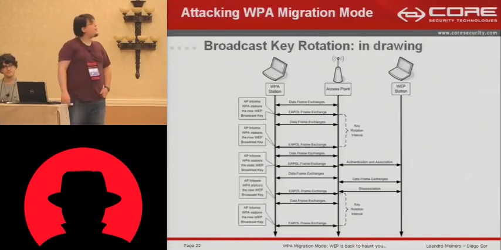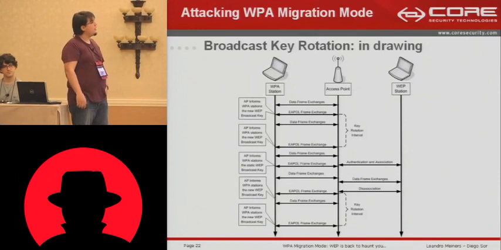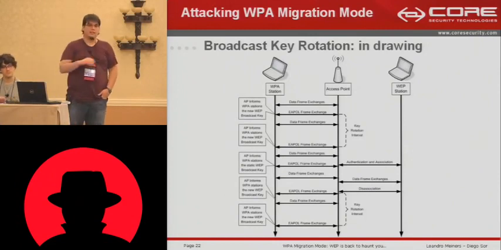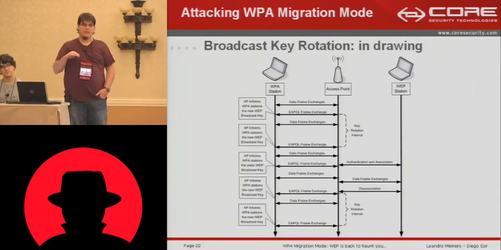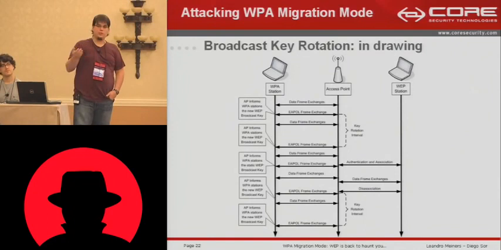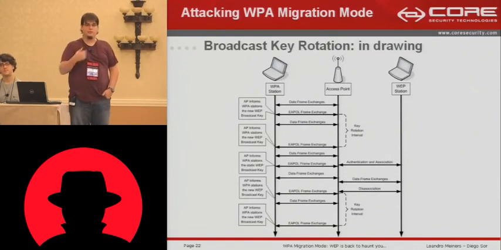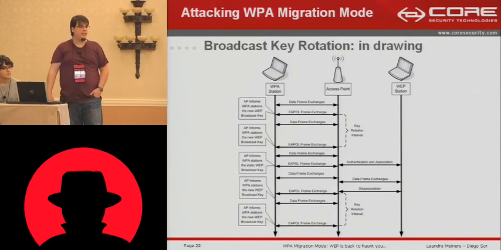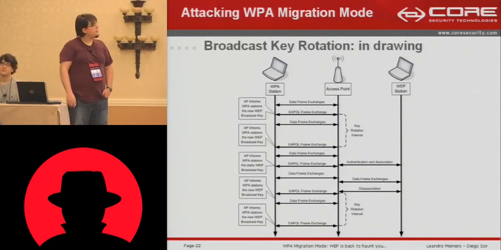So basically what happens when you're using this is what we see in this diagram. You have a WPA station, and you're exchanging frames with the AP, and everything is working okay. And then the AP chooses a new broadcast key and informs the station of this by performing an EAPOL frame exchange.